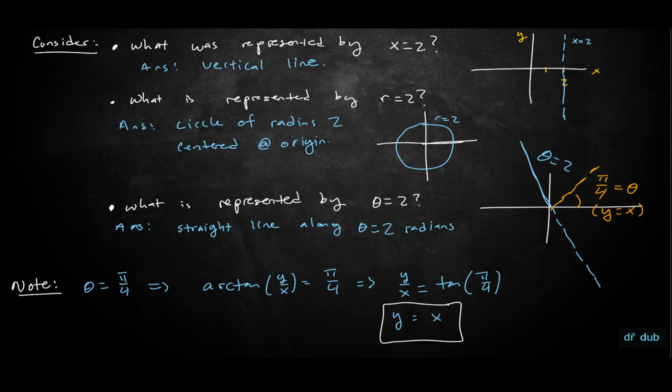All right, so let's look at some regions now, because this is basically what we're going to do most of the time in polar coordinates, is describe a region with polar coordinate bounds. So I wouldn't really call this an example. I would just say it's like an exercise.